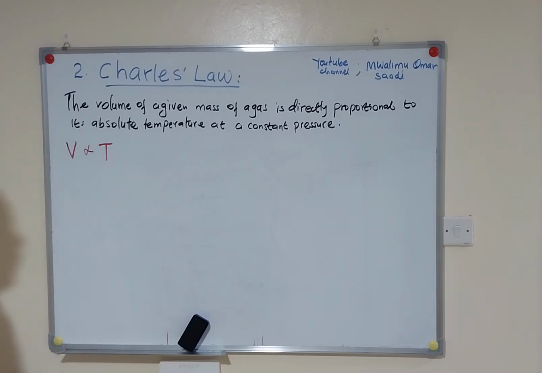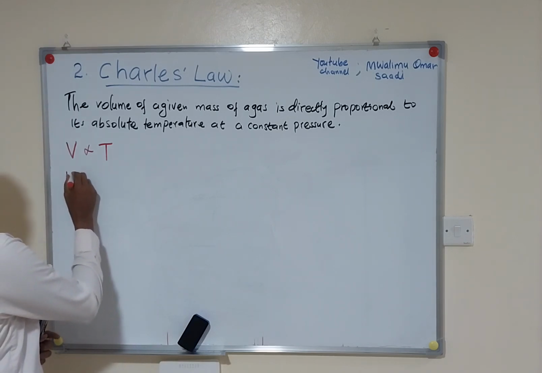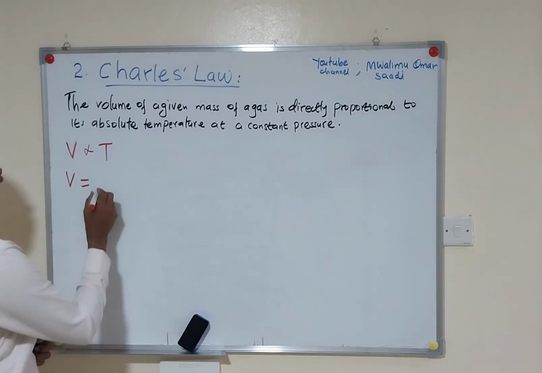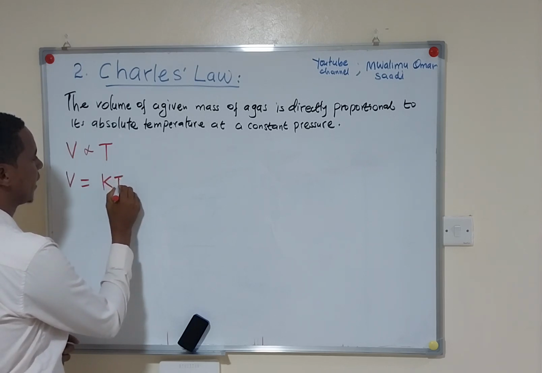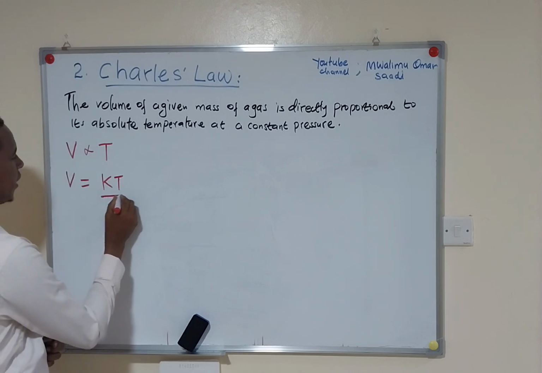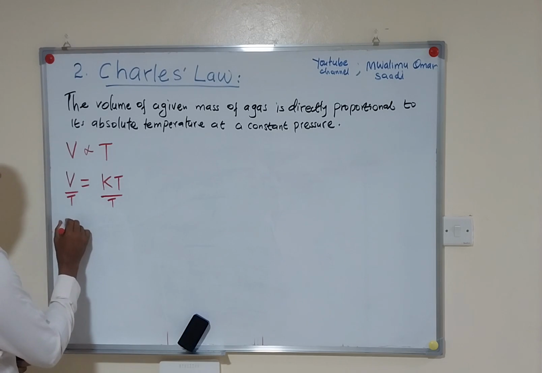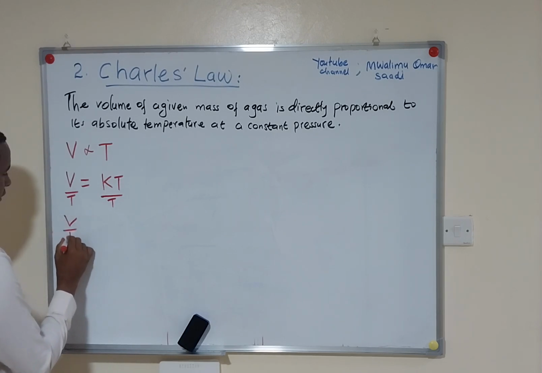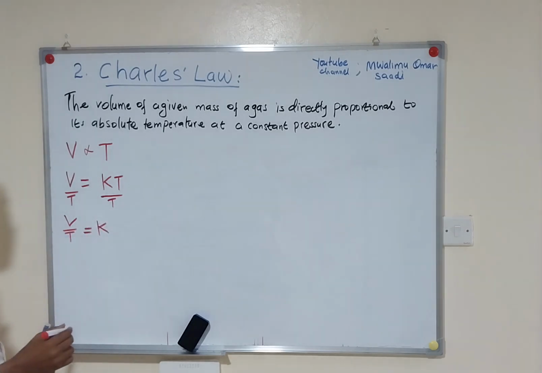So if we introduce the constant K, that will be V is equal to KT, that is the constant times the temperature. So dividing both sides by T, V over T is equal to the constant K.